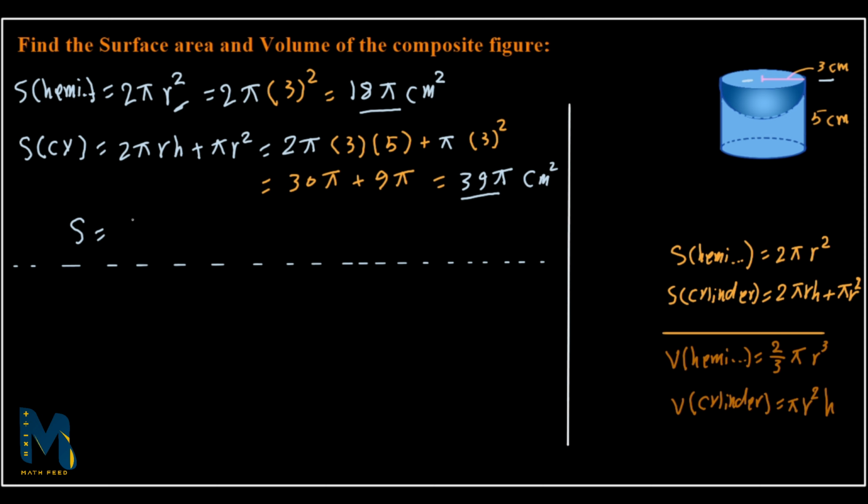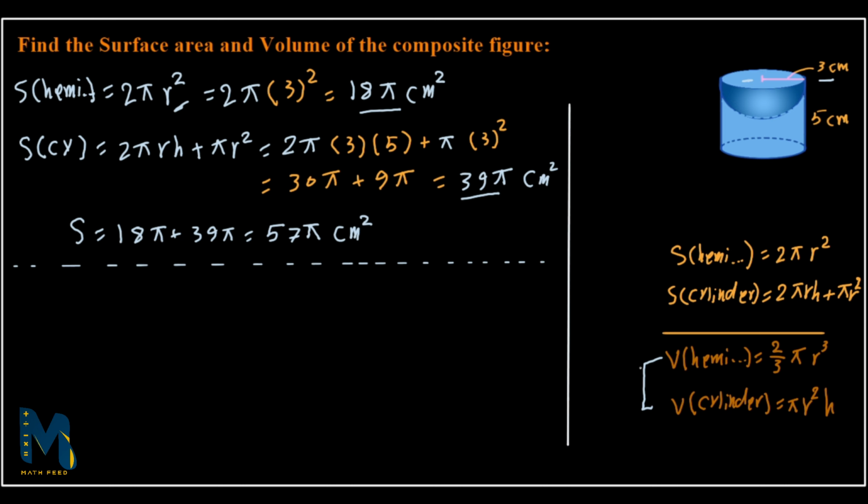So we can just add them: 18 pi plus 39 pi equals 57 pi centimeter to the power 2. This is how we find the surface area for the composite figure. So our composite figure has 57 pi centimeters square.